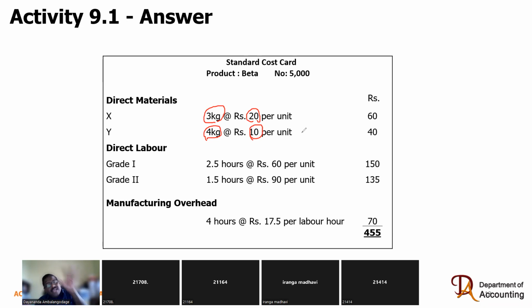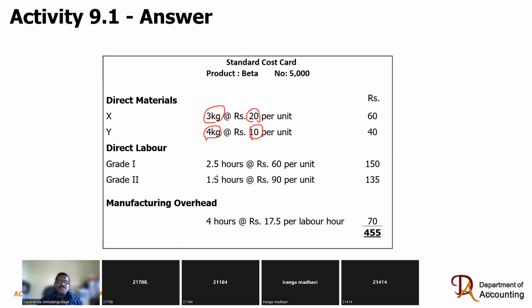So these are the targets. This 3 kg and 4 kg target, or the standard, is given to the factory manager, factory supervisor, production manager. This 20 rupees and 10 rupees target is given to the supplier side, the supply division head, manager supplier, or director supply.